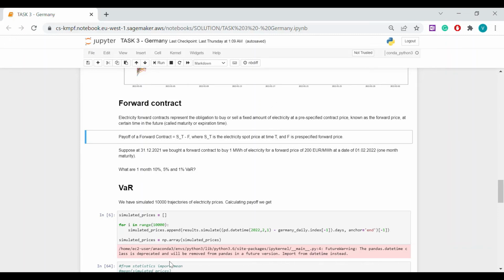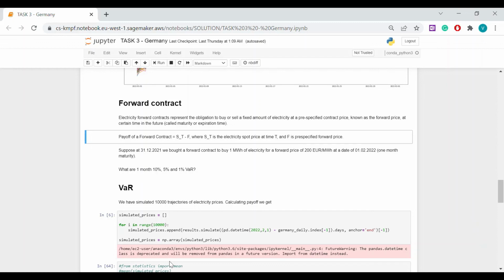So, value at risk is the measure of the risk of loss. It estimates how much a set of investments might lose. So we are actually interested in the profit and loss function, which is used to understand if we face a profit or a loss, in our case in a long position of a forward contract.